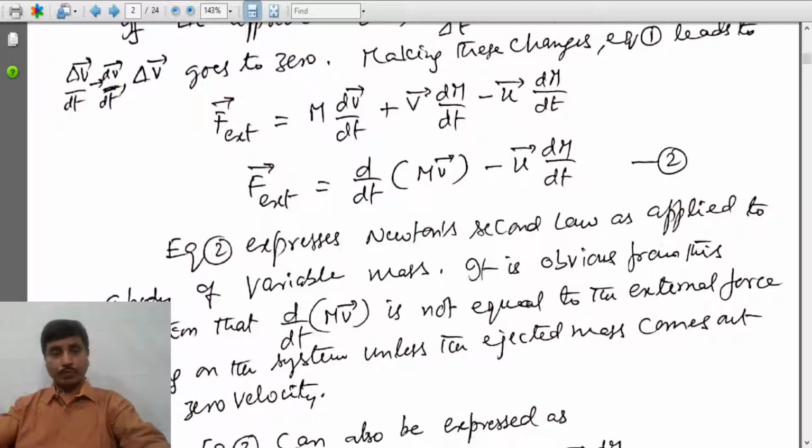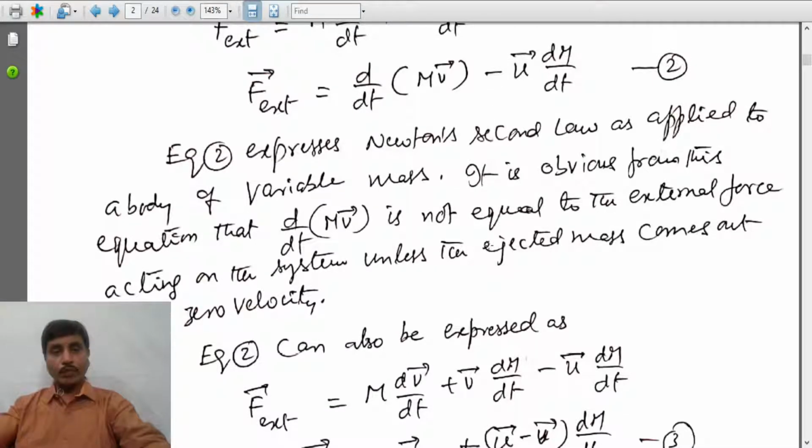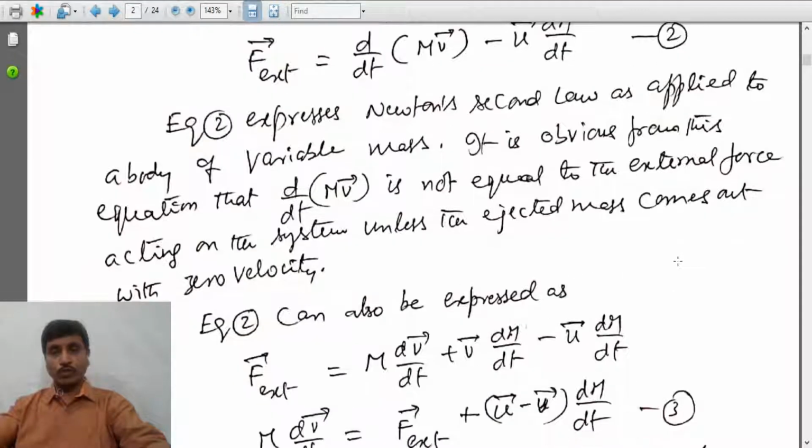This is equation 2. Equation 2 expresses Newton's second law as applied to a body of variable mass. It is obvious from this equation that d by dt of mv bar is not equal to the external force acting on the system unless the ejected mass comes out with 0 velocity.